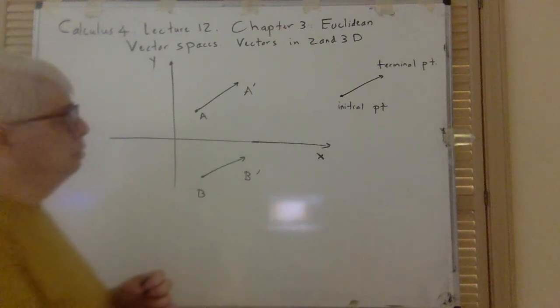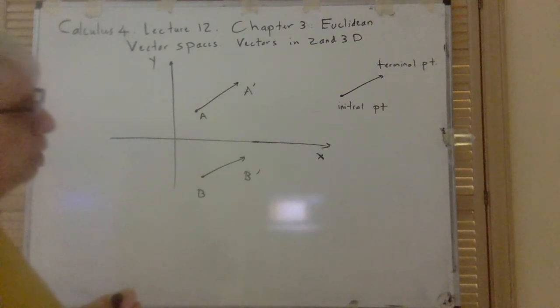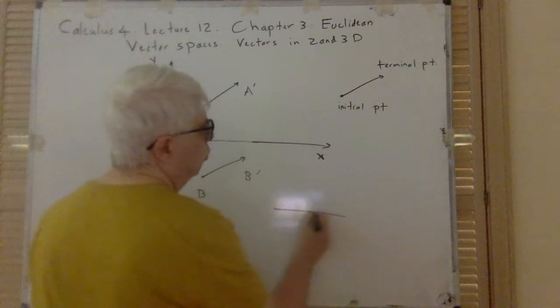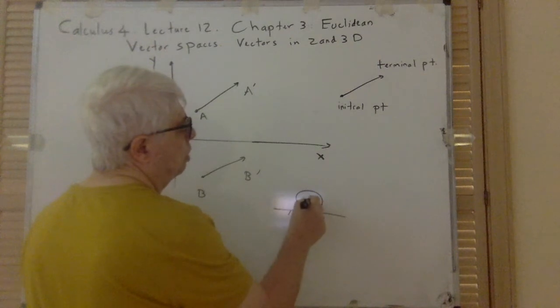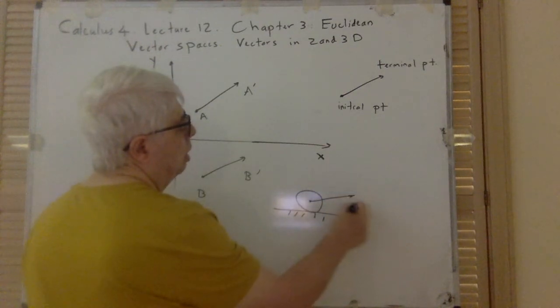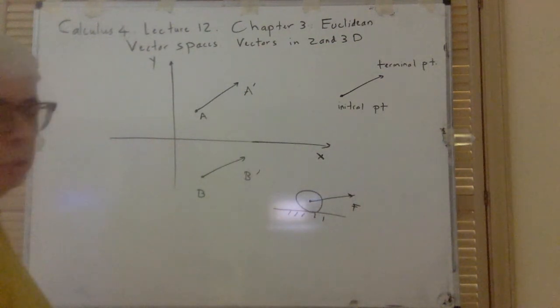Except, in physics, when you are modeling, for example, a force using a vector, you do something else. If a force is applied to something that's moving, then you say this force is applied to this point. We're modeling force with a vector, and the point of application, which is the initial point, becomes important.